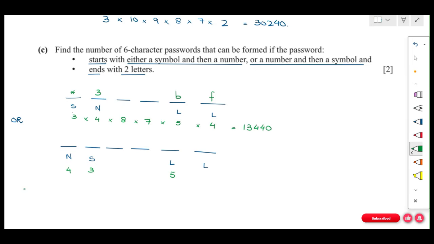Now for the second case: numbers are 4, take 1 number. Symbols are 3, take 1 symbol. Letters are 5, take 1 letter, B. And now 4 letters are left, F. We are doing the same thing. Now how many options are left?